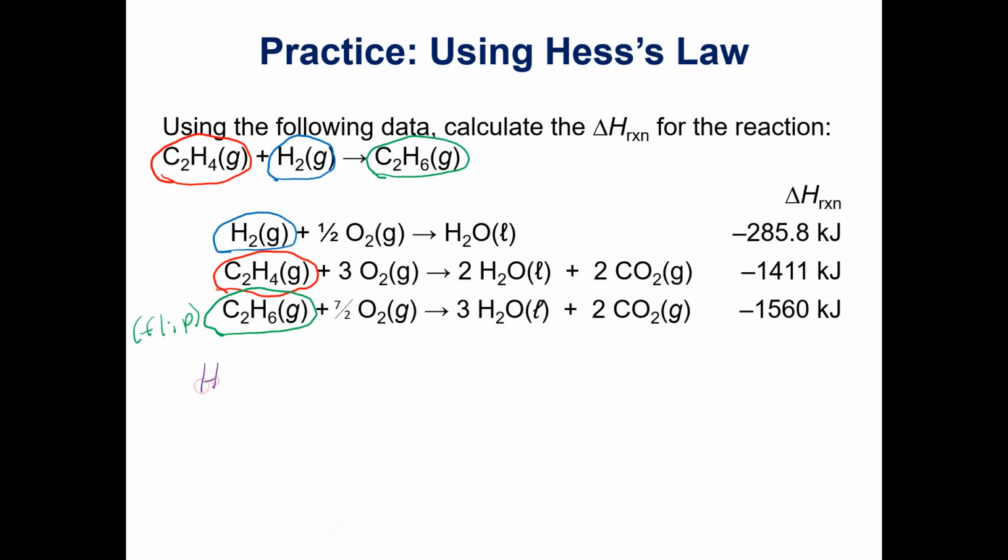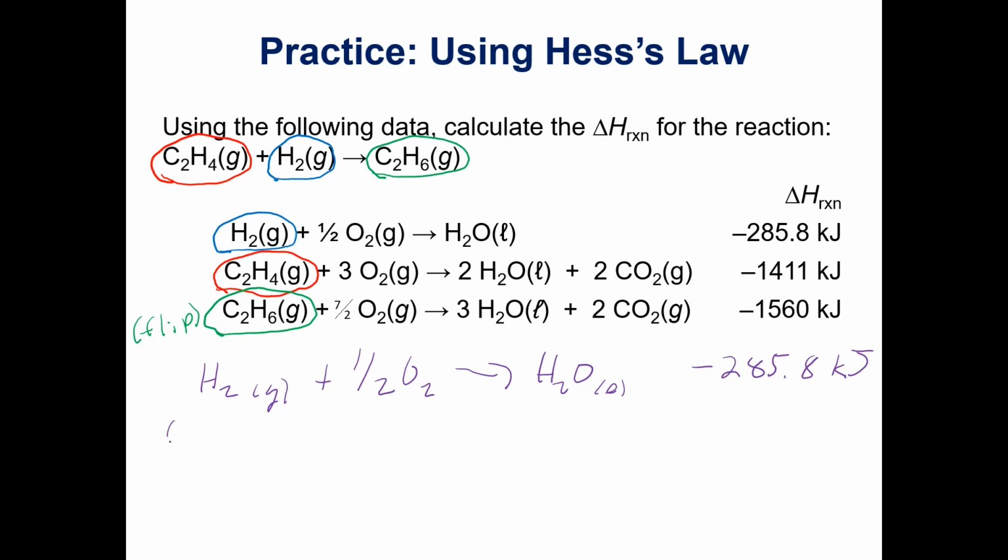So we have H2 as a gas plus 1/2 O2 yields H2O as a liquid, and delta H for that reaction is negative 285.8 kilojoules.